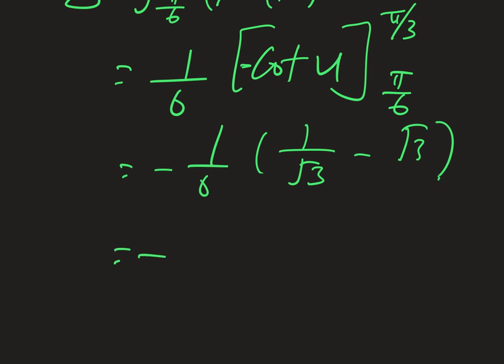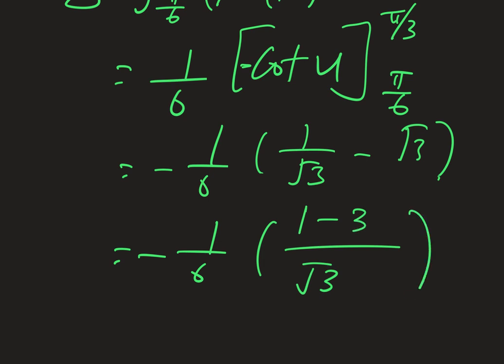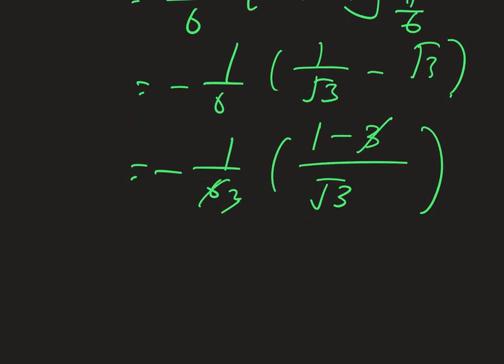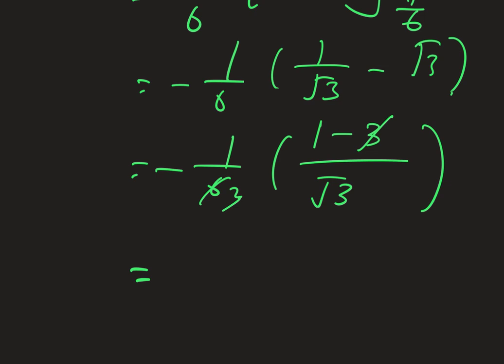So this is 1 over 6 times square root 3 ... you can cancel it out, and there's a minus here, so it becomes square root 3 over 9.